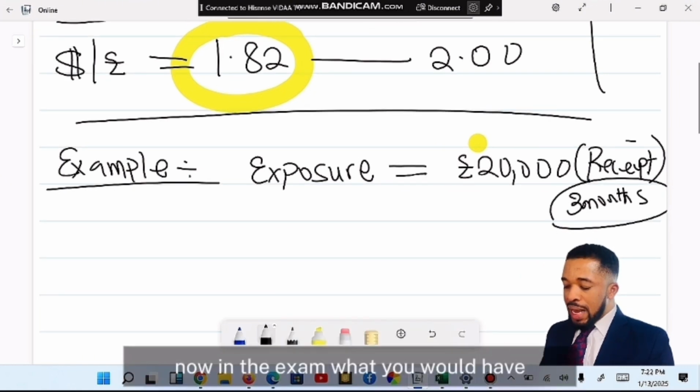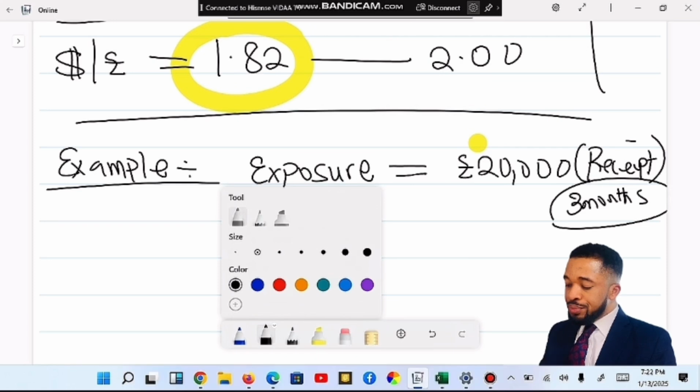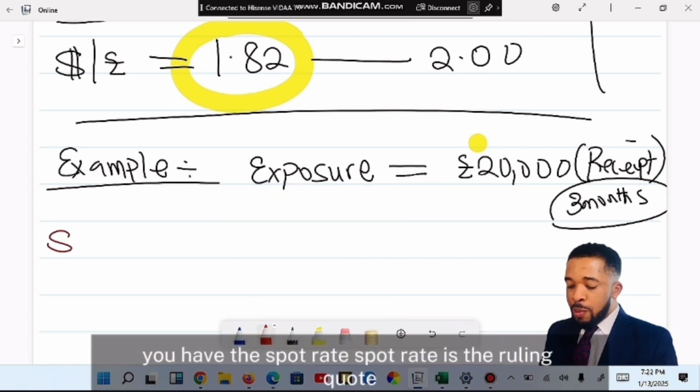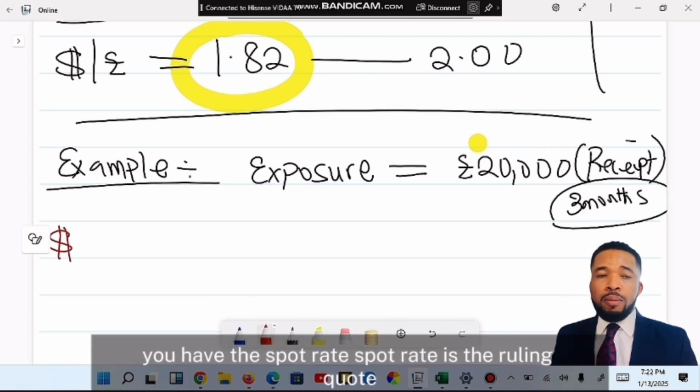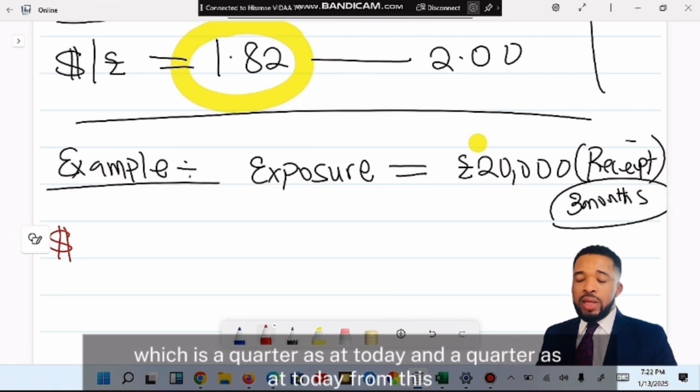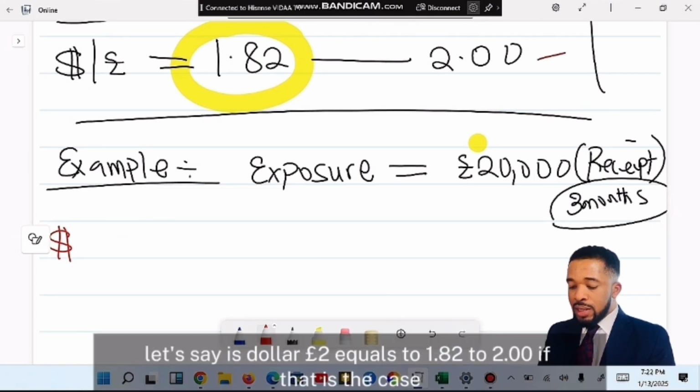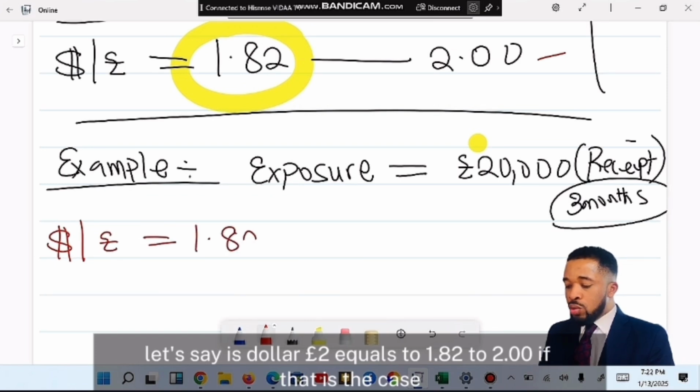Now, in the exam, what you would have, you have the spot rate. Spot rate is the ruling quote, which is the quote as at today. And the quote as at today from our illustration, let's say, is dollar to pound equals 1.82 to 2.00.